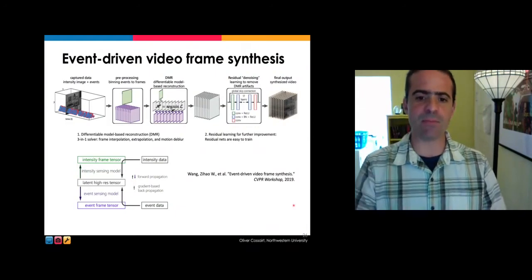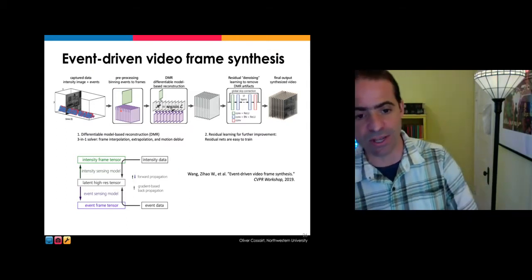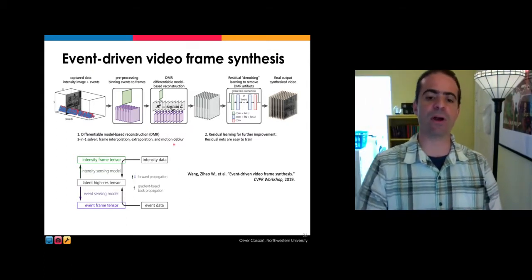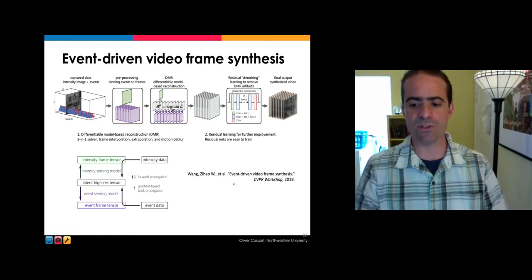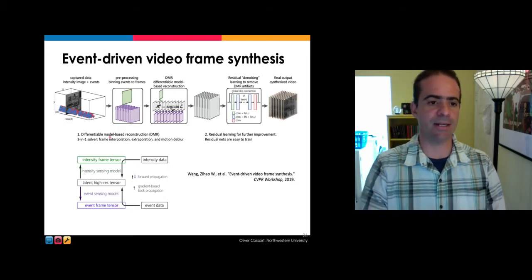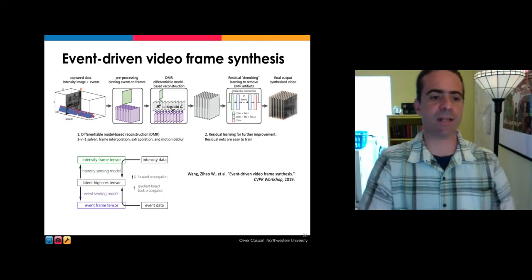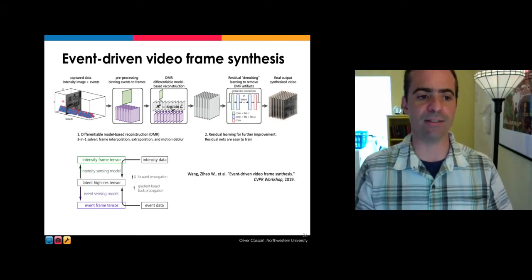And here's some of our initial work looking at trying to incorporate events together with this problem of recovering high-speed video from intensity frames. This is work from Winston that was presented in the CVPR workshop in 2019. The idea here is we assume that we have an event stream together with an intensity frame.